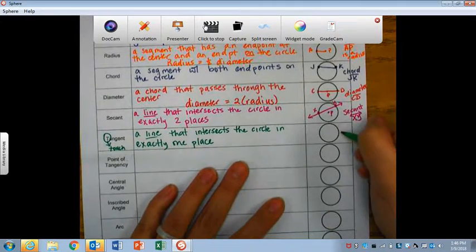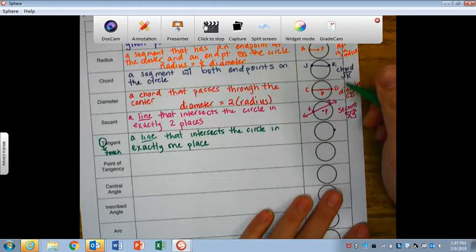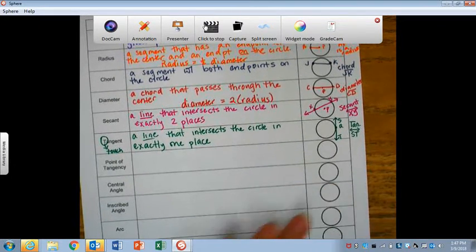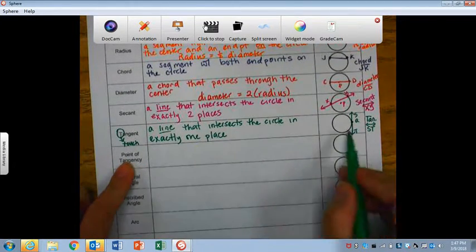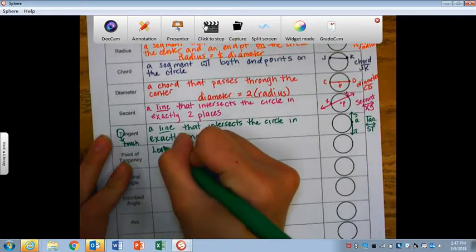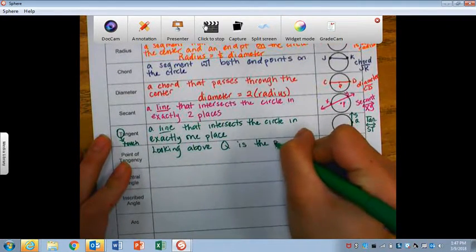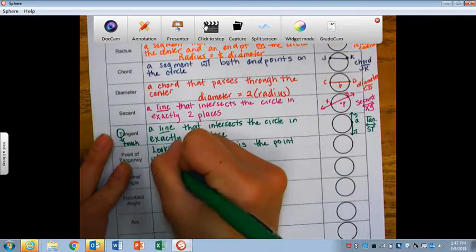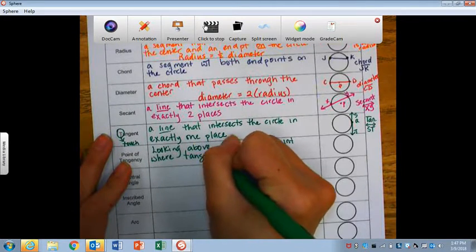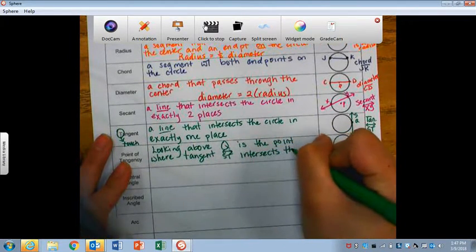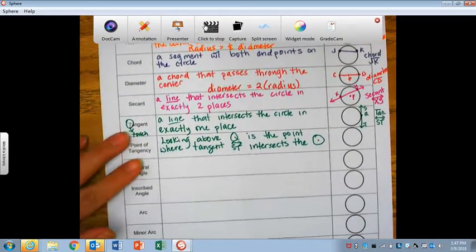You've got a tangent, a point of tangency right here, and then S, Q, T, so tangent ST. The point of tangency, if you look at this one, Q is the point where tangent ST intersects the circle. So those two terms go together.